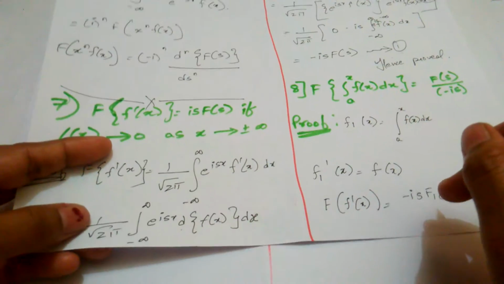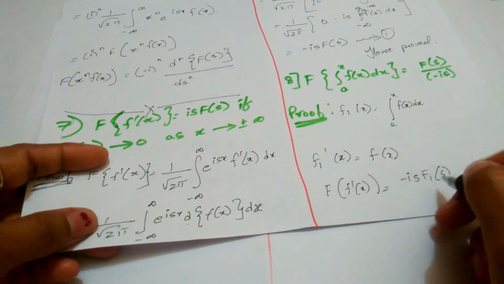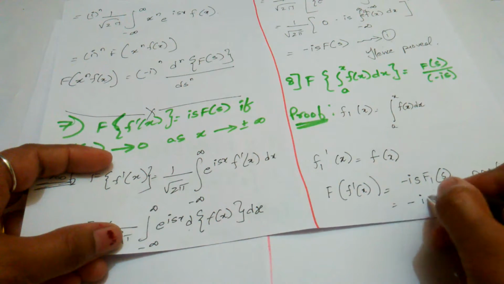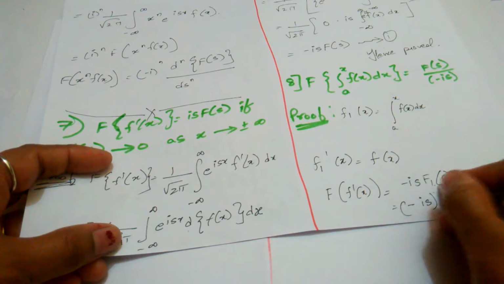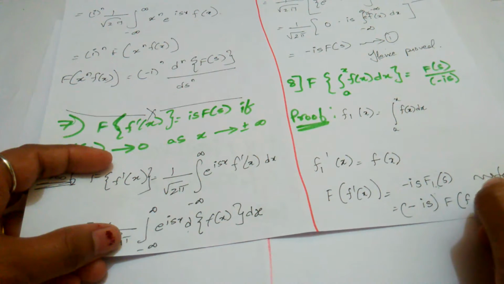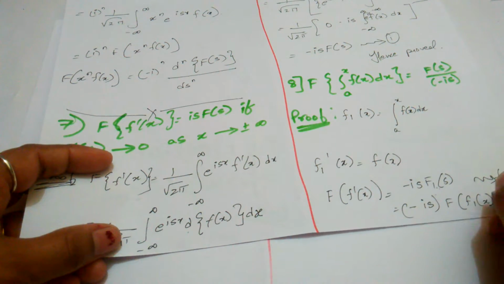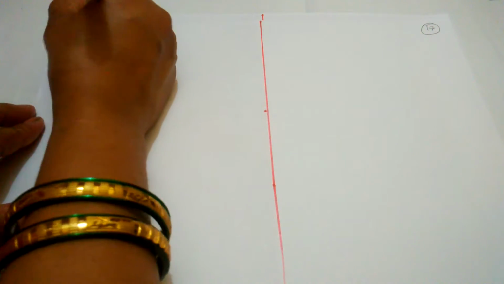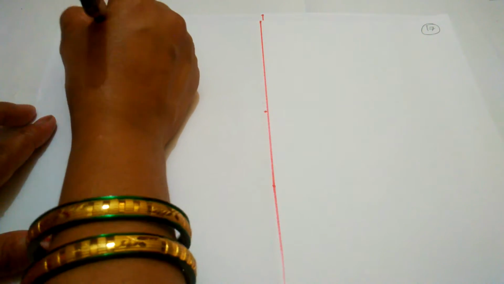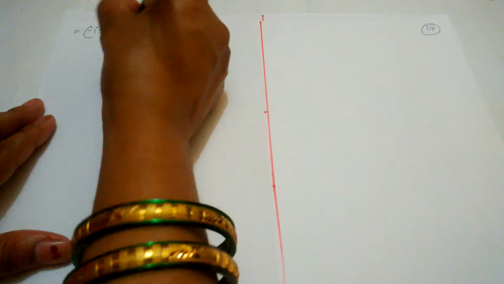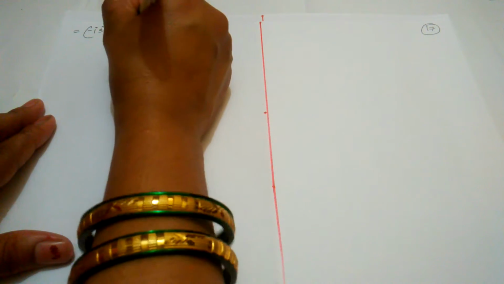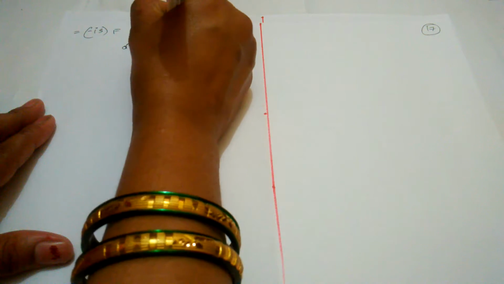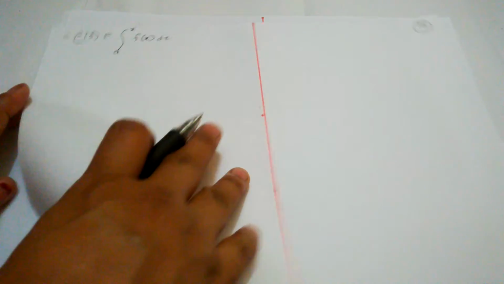Okay, now we can write this step further as minus i s, this you can write as F of f1(x). Now we will solve this. So that is equal to minus is F of integral a to x f(x) dx.